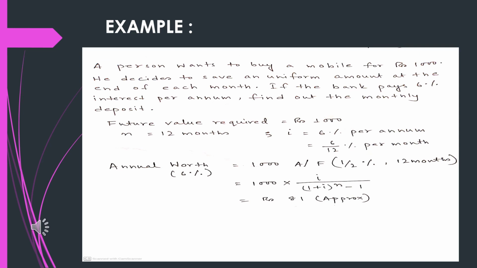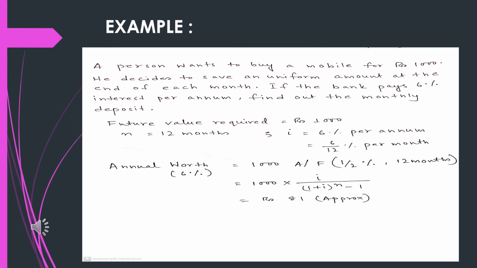Here we need to take into account that the rupees 1000 which the person requires to buy the mobile after 1 year is a future worth value to us. The time taken for the person to gather that money is 12 months. And most importantly, the bank is paying the interest per annum.